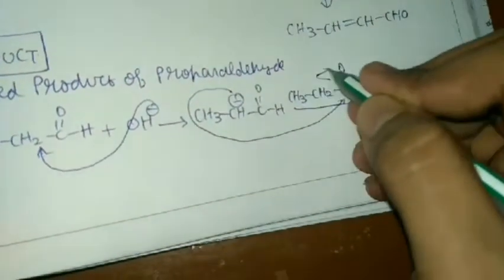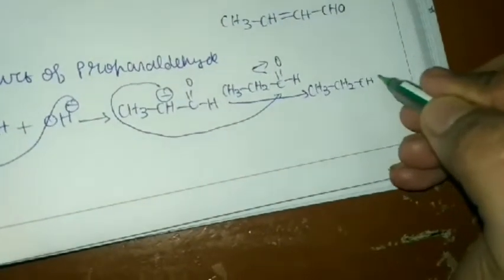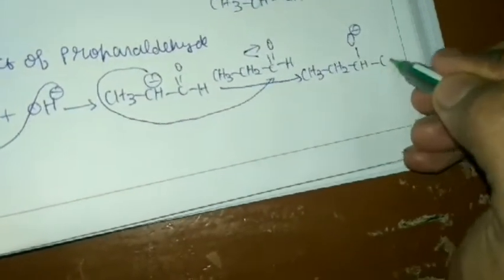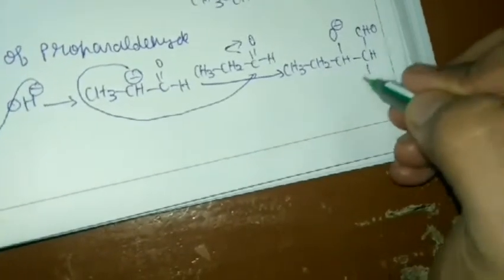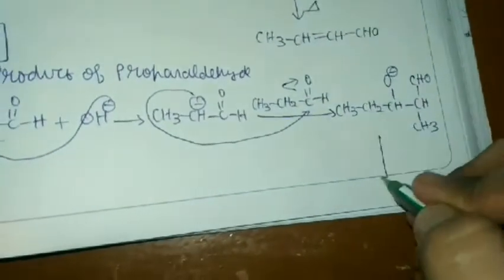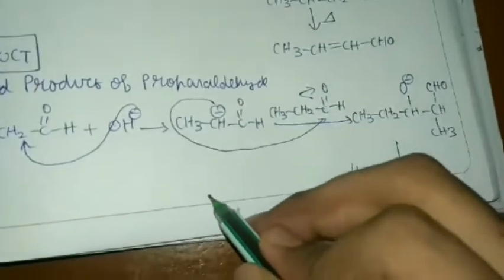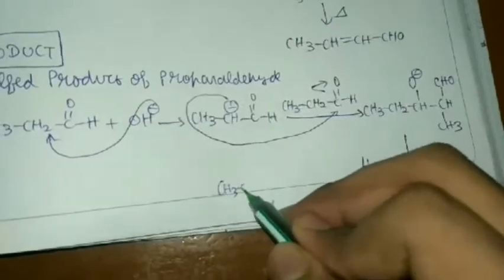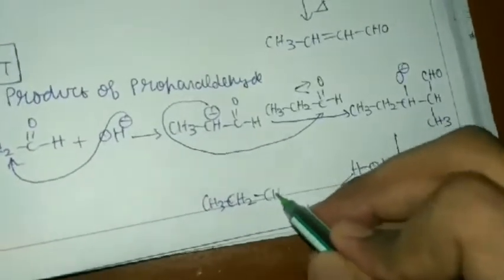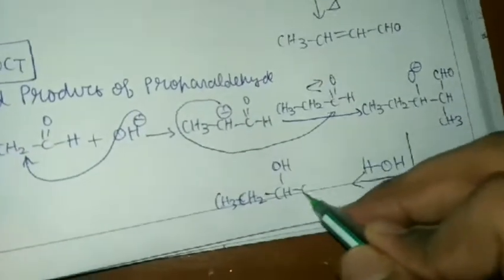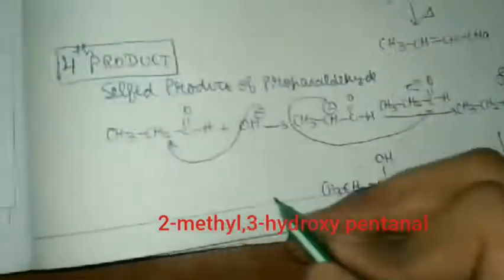Attack will go like this, CH3 CH2 CHO minus CH CHO CH3. Do you understand, right? HOH. You get CH3 CH2 CH OH CH CHO H3.